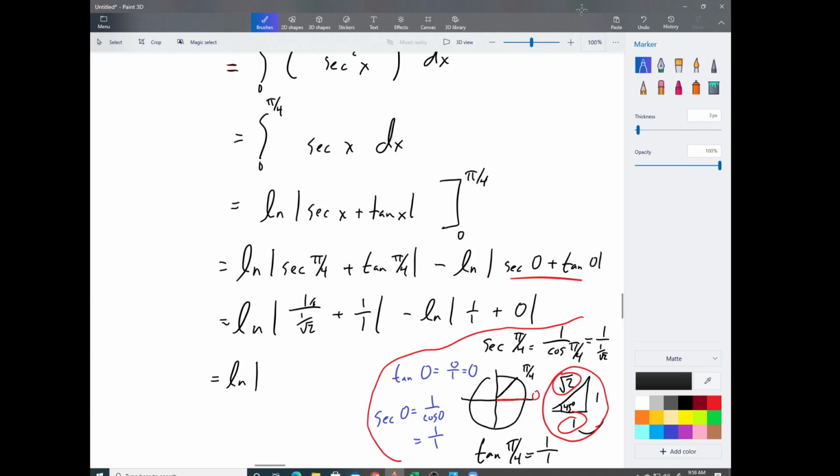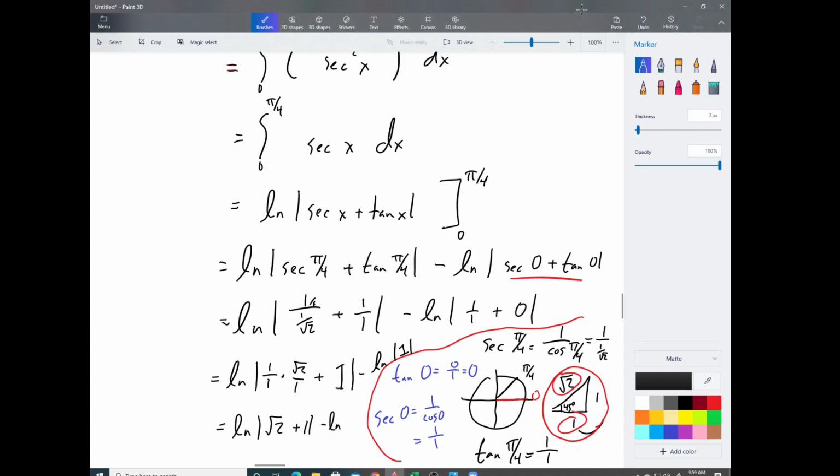I use the rule about my teacher's sister whenever I'm dividing a fraction by a fraction. Let's not bother with 1 over 1. Let's just call that 1. Minus the natural log of 1. I end up with the natural log of the square root of 2 plus 1.